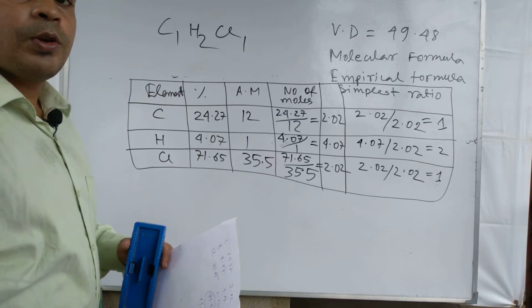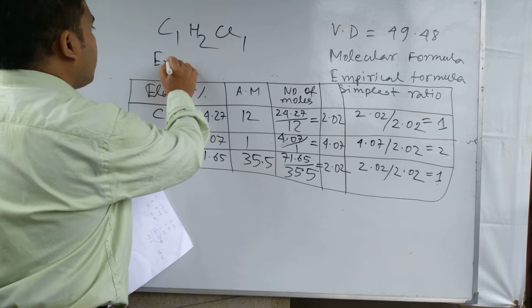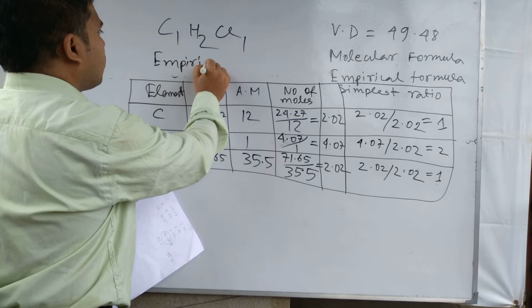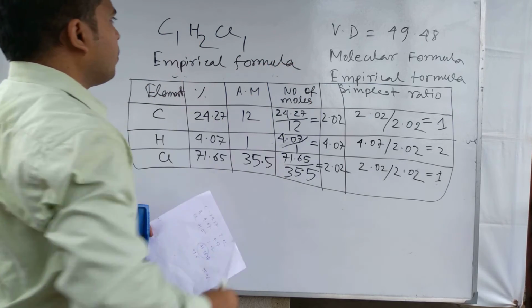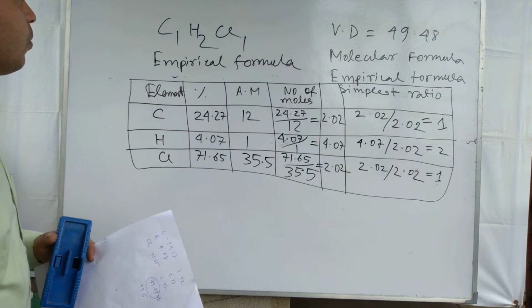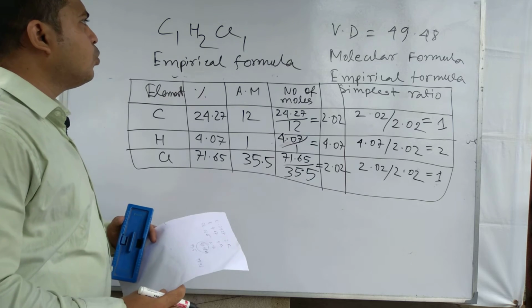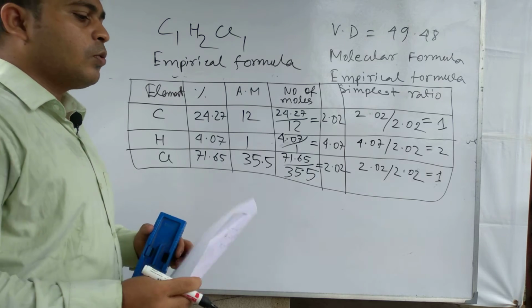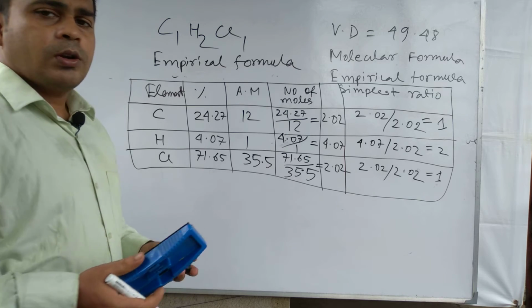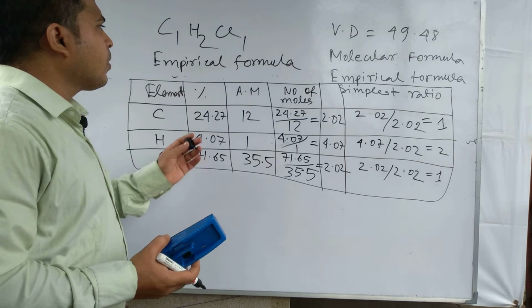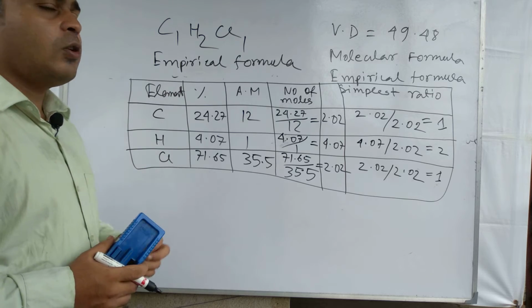So this is the empirical formula of the compound, C1H2Cl1. So we calculated the empirical formula.